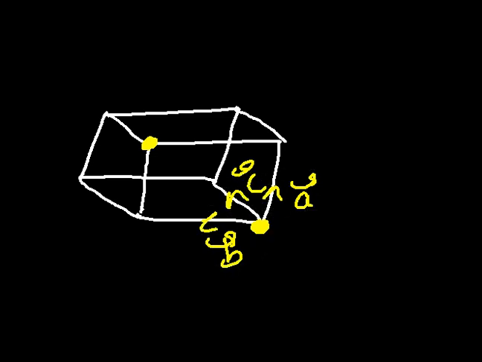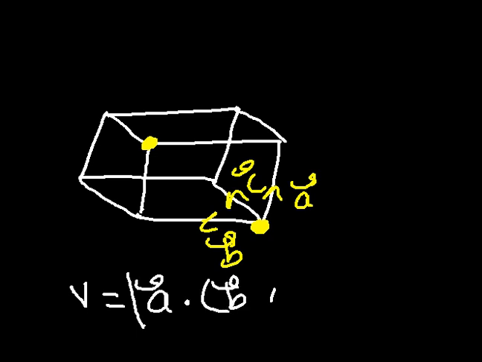In this case, the volume of the parallelepiped is given as the magnitude of the scalar triple product of the vectors. So the volume of the parallelepiped is calculated using the scalar triple product. That is to say, the magnitude of the scalar triple product is the volume of the parallelepiped.